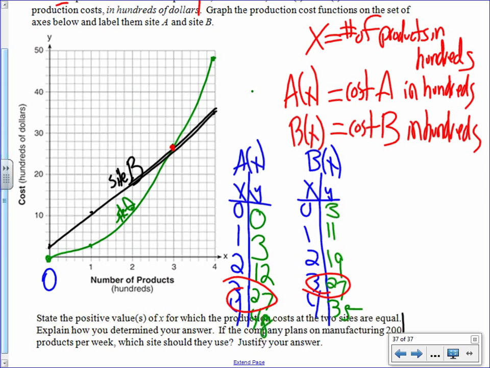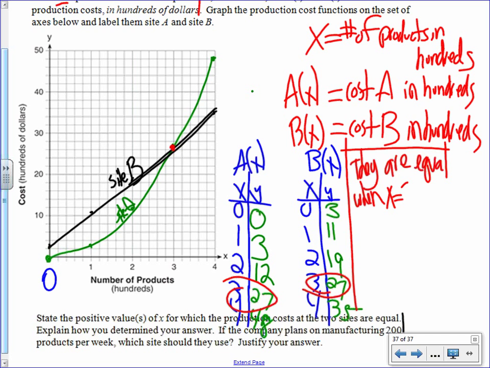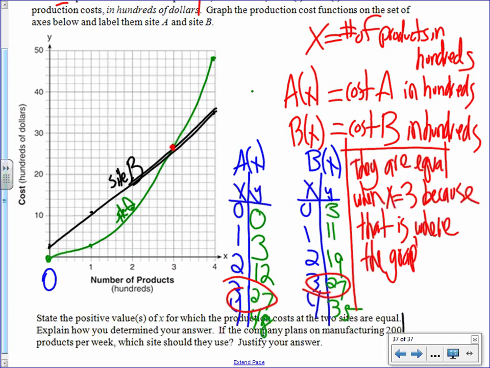So, they are equal when x equals 3 because that is where the graphs intersect.